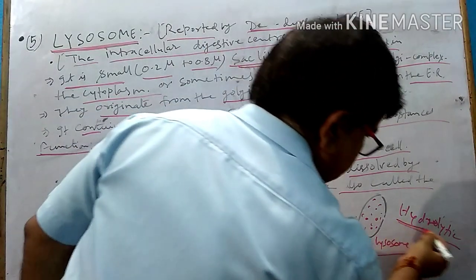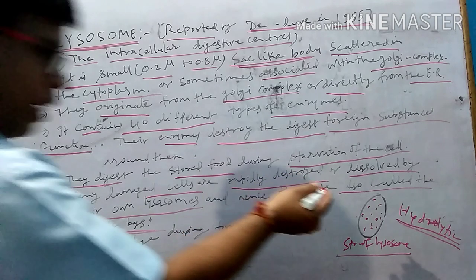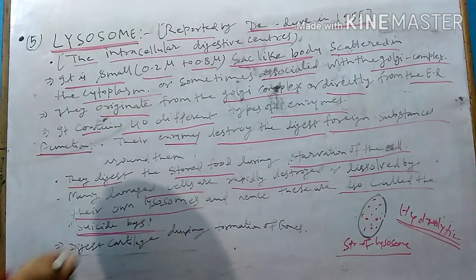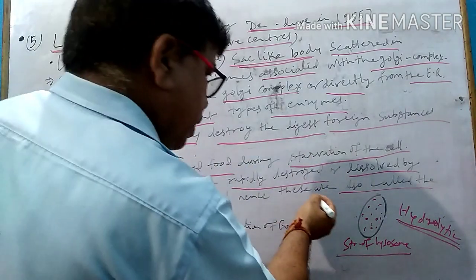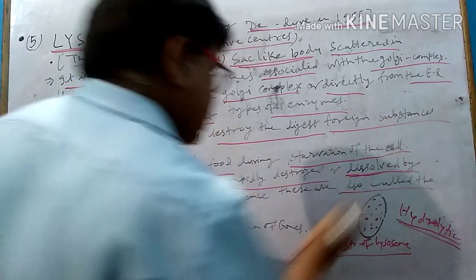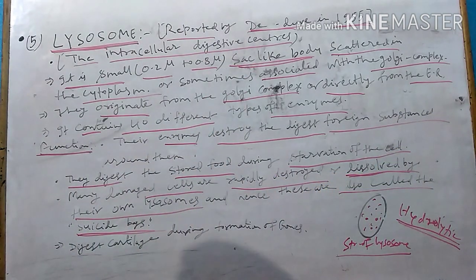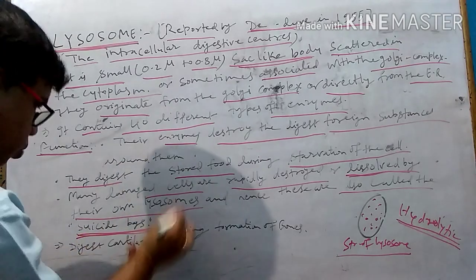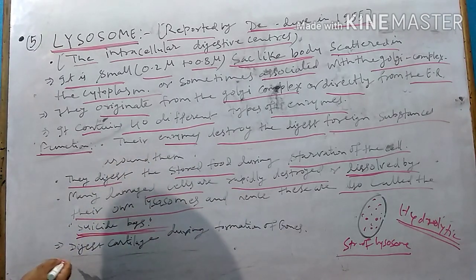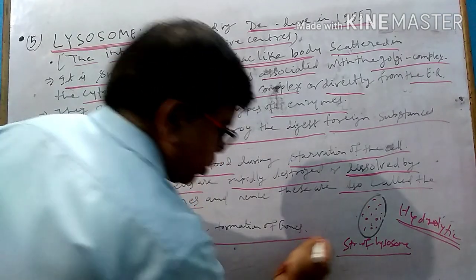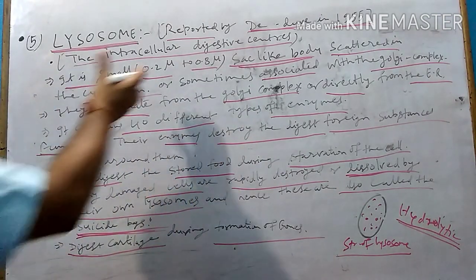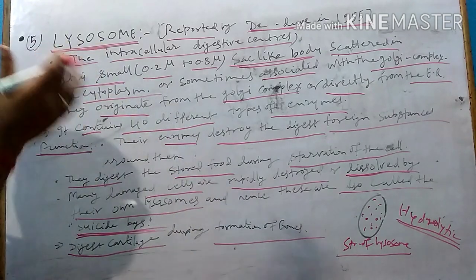Actually, hydrolytic enzymes are found, and these hydrolytic enzymes act, so then many cell organelles are dissolved or destroyed. So it is also called the suicide bag. The next function, digest cartilage during formation of bones. So this is the structure and function of the lysosome.